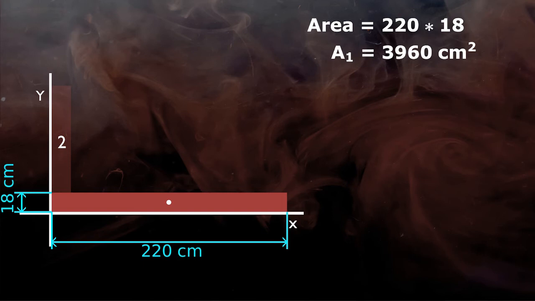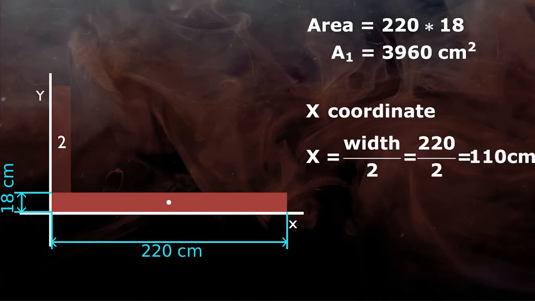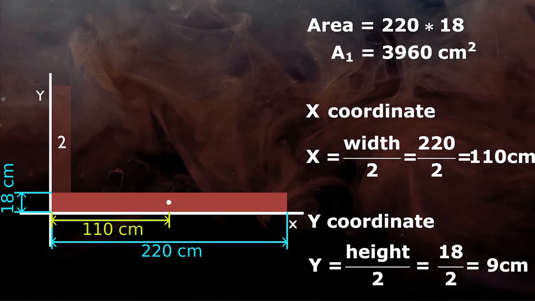The most important step is to find the x and y coordinates of individual shapes. It becomes very easy to find the centroid if you know how to find the coordinates correctly. We know coordinates of a rectangle are width by 2 and height by 2. X coordinate of rectangle 1 is the dimension in x direction, which is 220 divided by 2, that is 110 centimeter, and y coordinate is the dimension in y direction, which is 18 divided by 2, that is 9 centimeter.